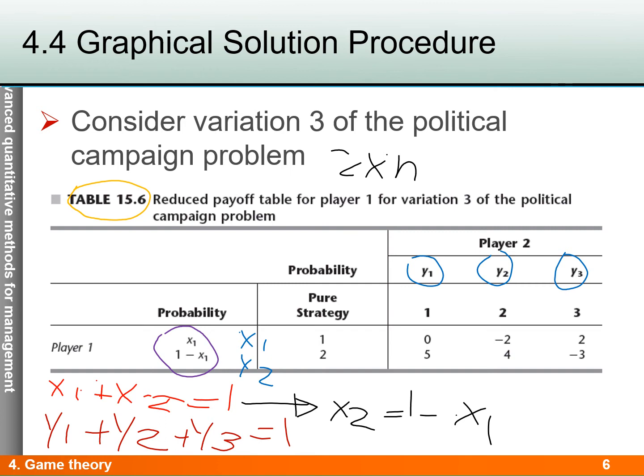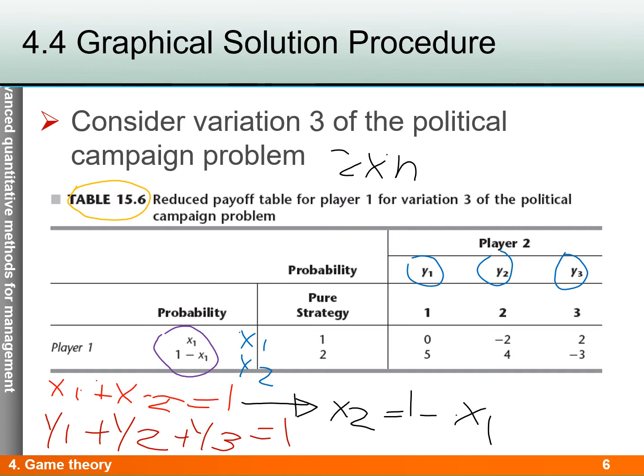Vice versa, if I had a table, for example, m multiplied by 2, it means that I could formulate, for example, the player 2 side as a probability of the first strategy y1 and the probability of the second strategy y2. Okay, so the y2 like here was equal to 1 minus y1. So by calculating y1, I could put that y1 in the formula of 1 minus y1 to calculate the y2 easily.